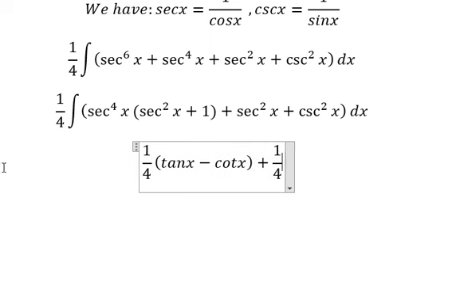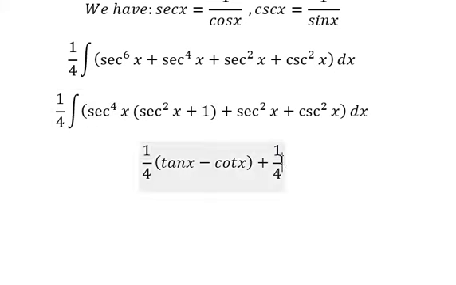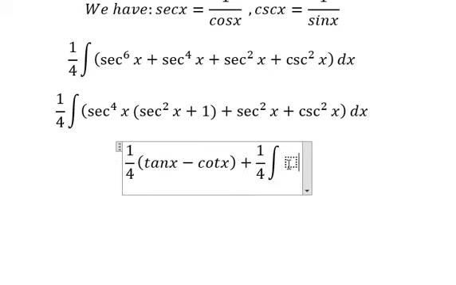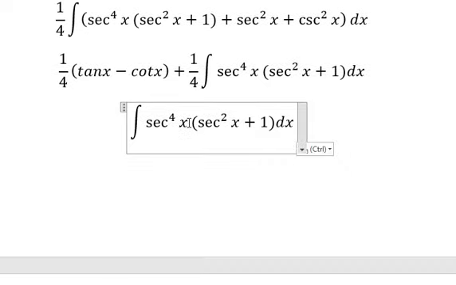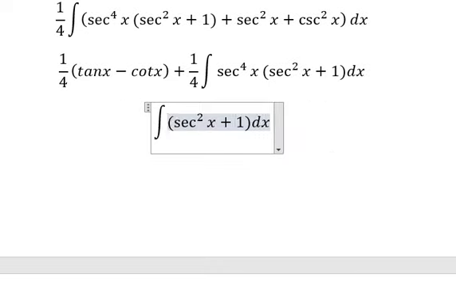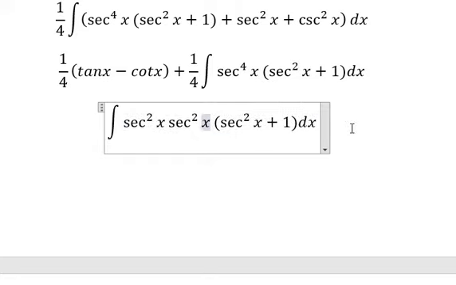Now we just concentrate on this one only. So this one I can put into secant squared s and secant squared s.